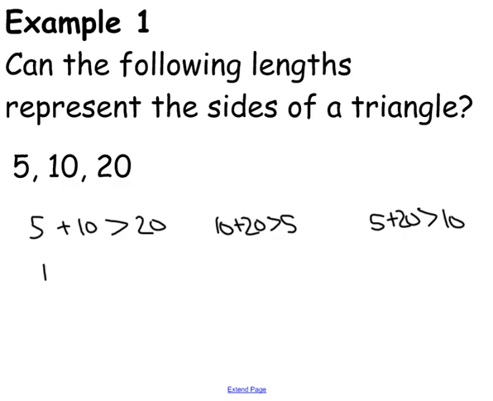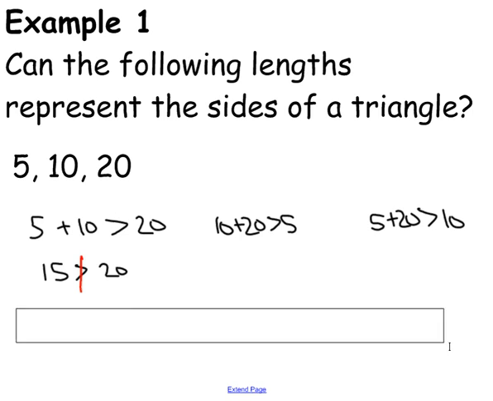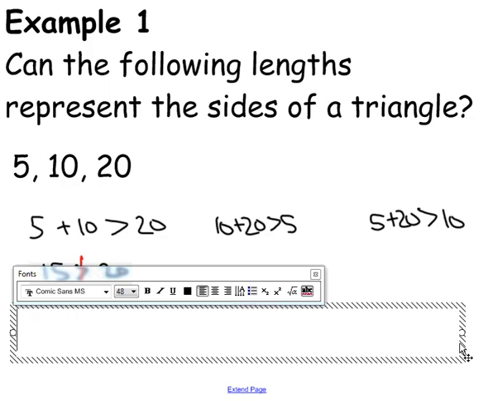5 plus 10 is 15. 15 is not greater than 20. So right there you have it. It cannot be a triangle because the sum of 5 and 10 is not greater than 20. So that's the actual explanation. So I'm going to just go ahead and write that.